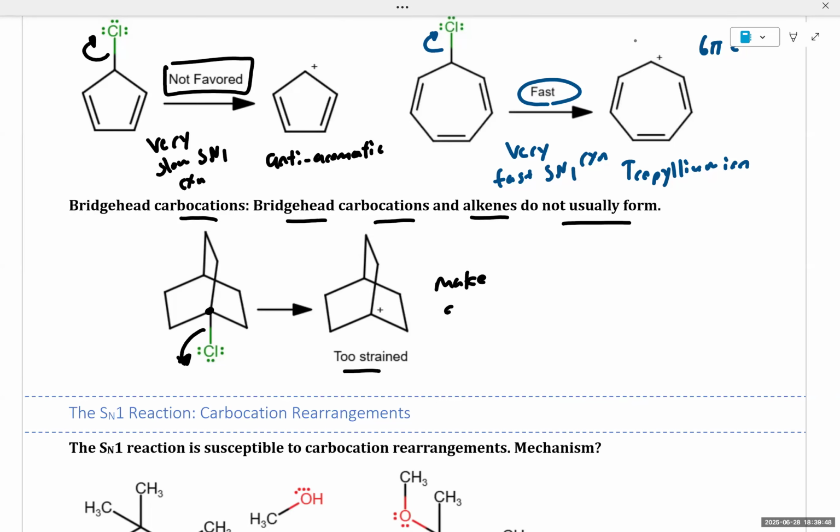Make a model or try to make a model of this, and you will see that these kinds of bridgehead carbocations, where you have an sp2 carbon at a bridgehead, are very strained. What this means is you will see pretty much slow or no SN1 at bridgehead carbons.